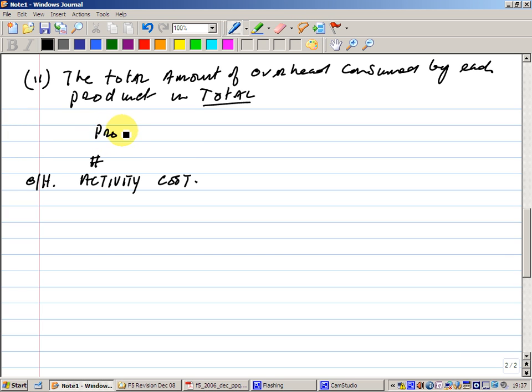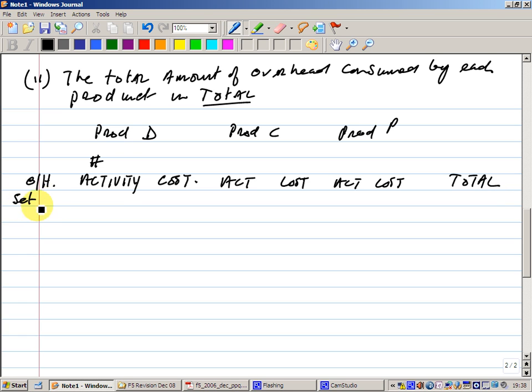So here we want to do product D. Then we have activity and cost for product C, activity and cost for product P, and then a total where we can add the totals together to ensure that we've actually got the correct amount of overheads allocated.